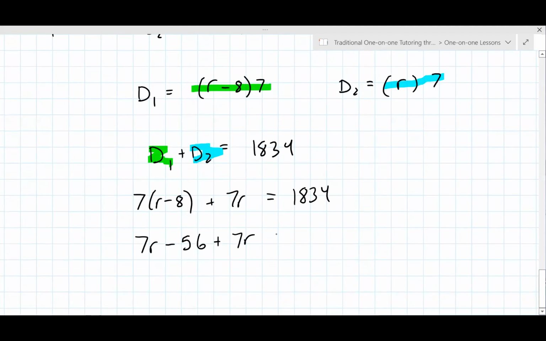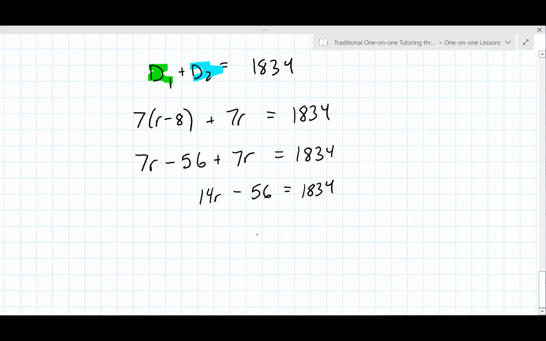Distribute. Combine like terms. So you end up getting 14R equals 1890. And then you hope that these work out nicely. So the R is 135.